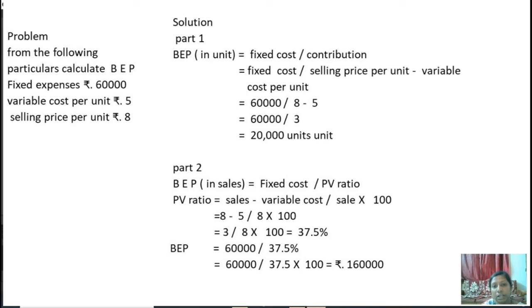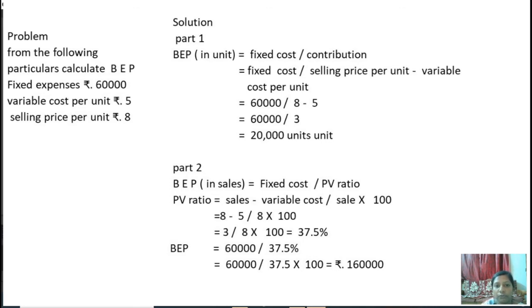So here we are using any one formula: fixed cost divided by contribution, or fixed cost divided by selling price per unit minus variable cost per unit. So it means contribution.